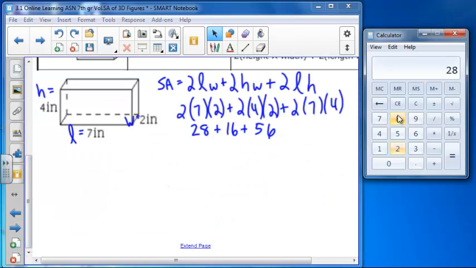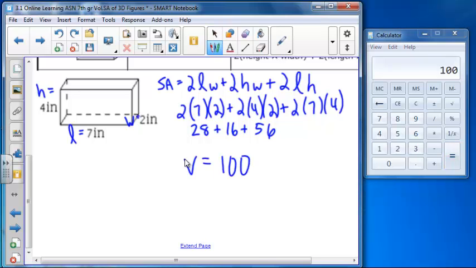So you can follow along. 28 plus 16 plus 56. The volume is 100 inches cubed.